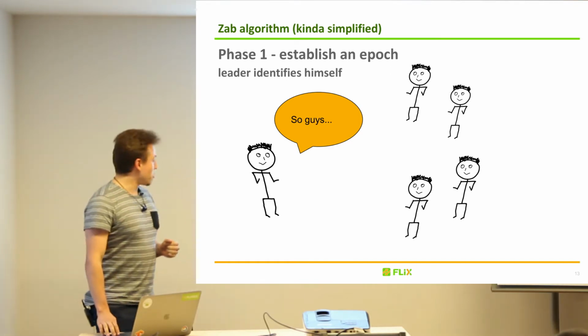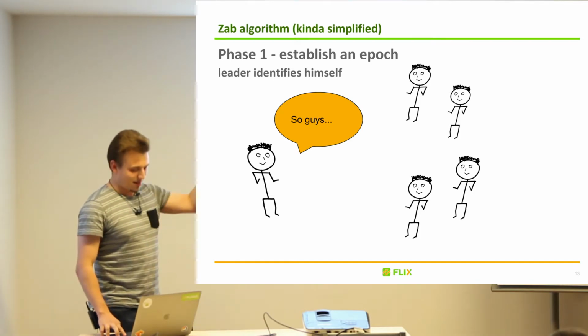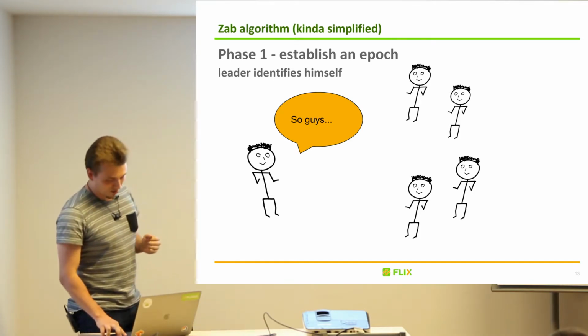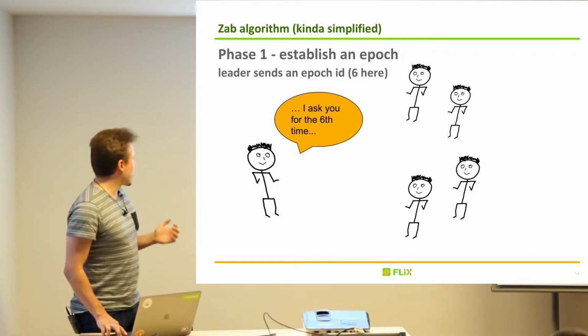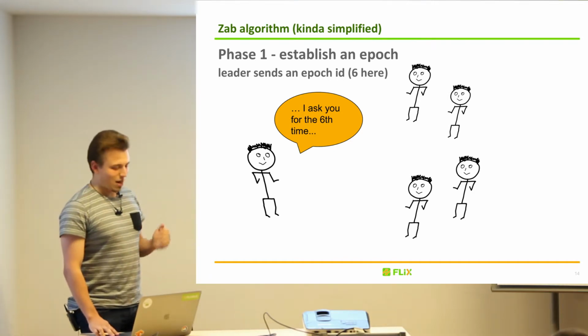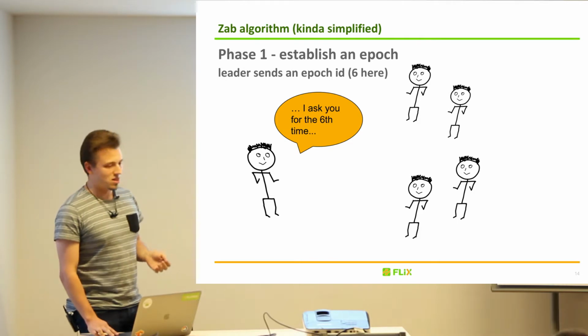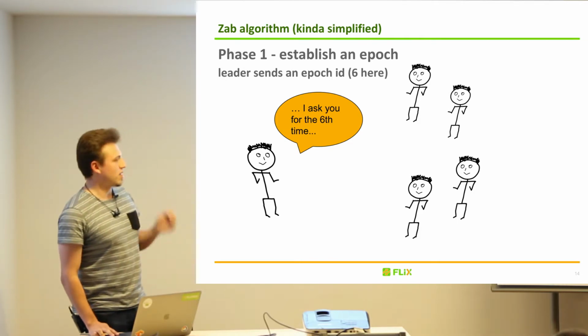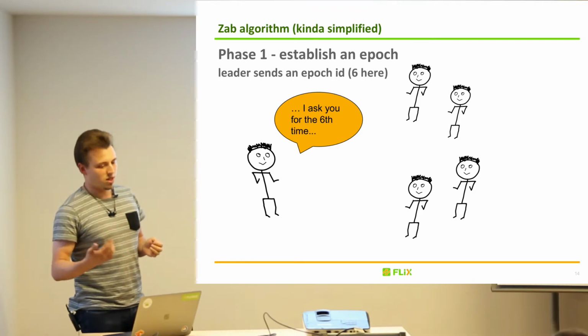So this guy stands up and says that he wants to be a leader. Ideally, if things go fine and there are no conflicts, he also defines the number of the epoch. The epoch number is simply an integer that is auto-incremented, that is sequential.